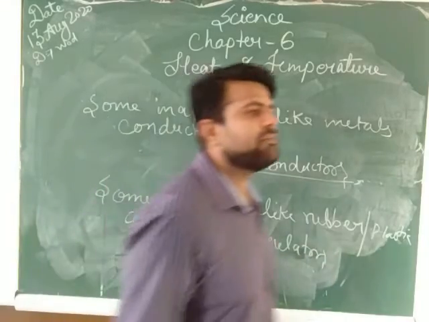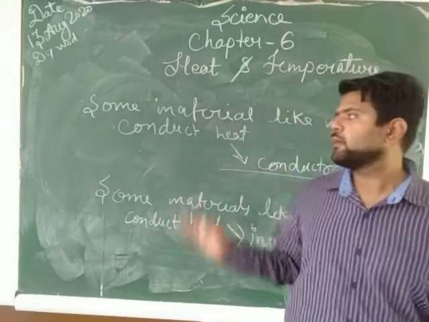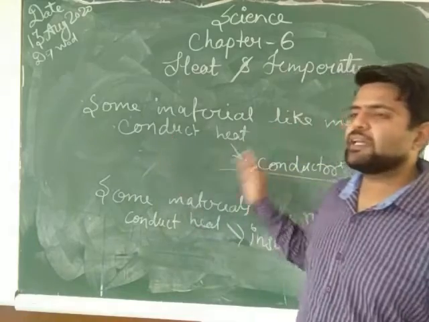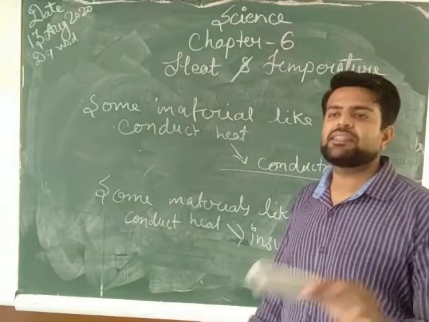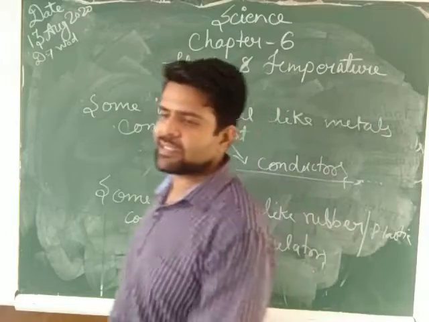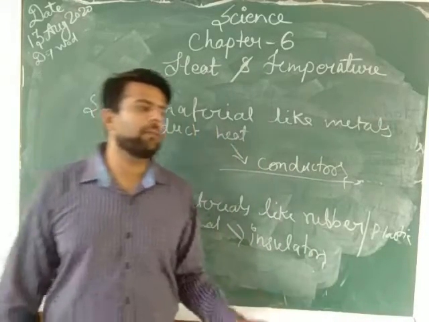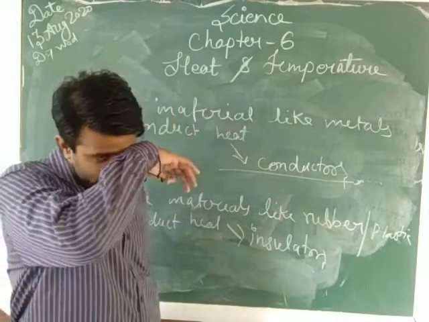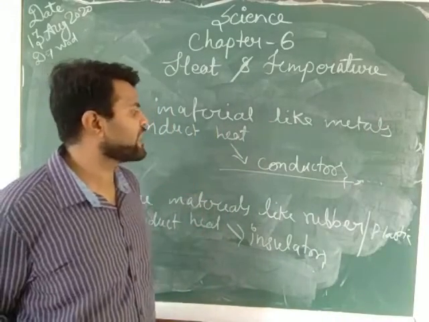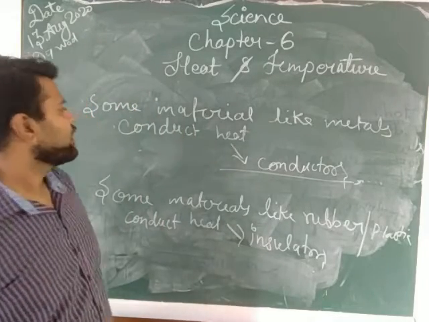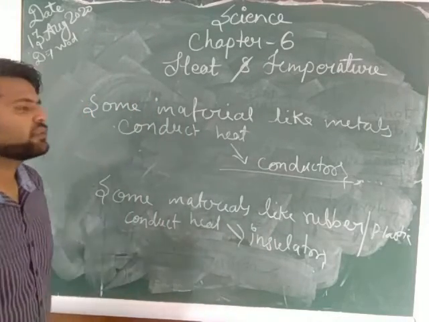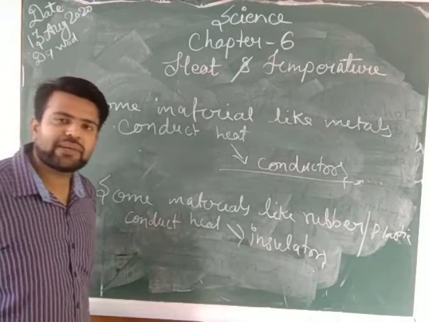So once again we will see the definitions. The materials which conduct heat are called conductors. Examples are all the metals like iron, silver, copper. These all conduct heat and they are known as conductors of heat.